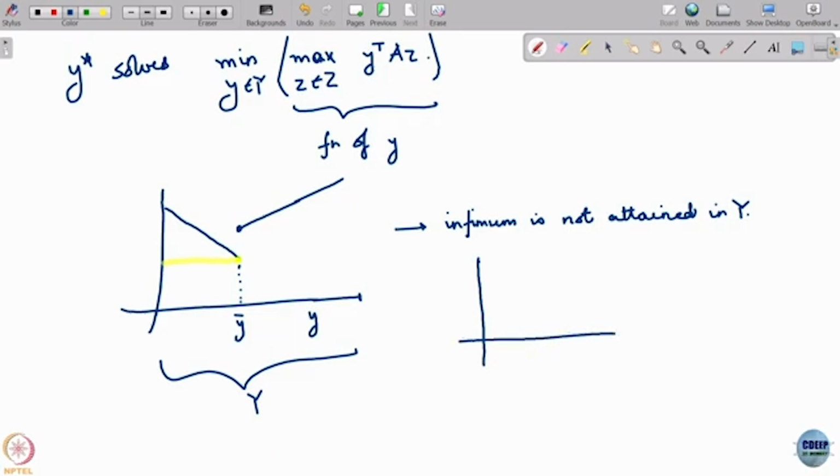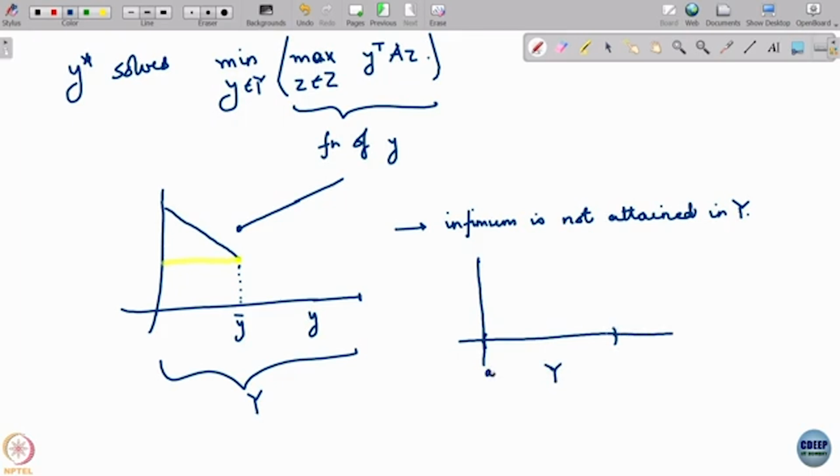Another case where the infimum is finite, but it is not attained. So, suppose I take the set Y as an open set. My capital Y is from this point till this point.